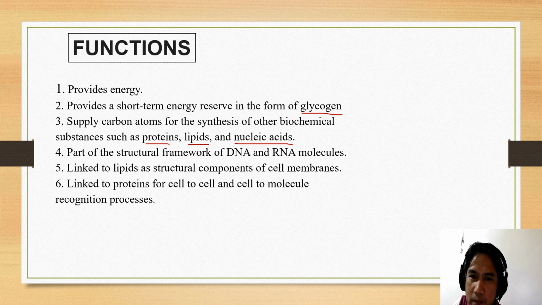Number four function is that it serves as a part of the structural framework of DNA and RNA. DNA stands for deoxyribonucleic acid. Ribo comes from a sugar called ribose, which has 5 carbon atoms.